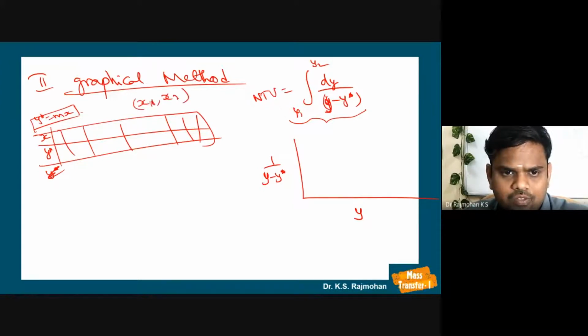Between the values of y1 and y2 we want the area under the curve.